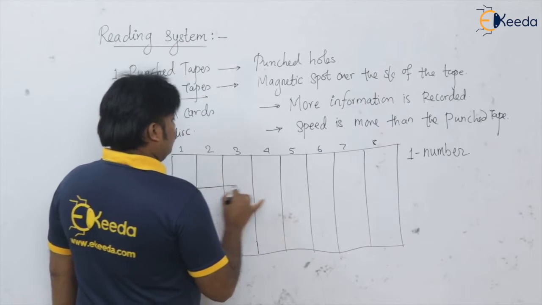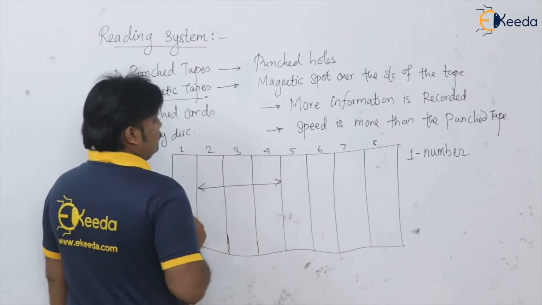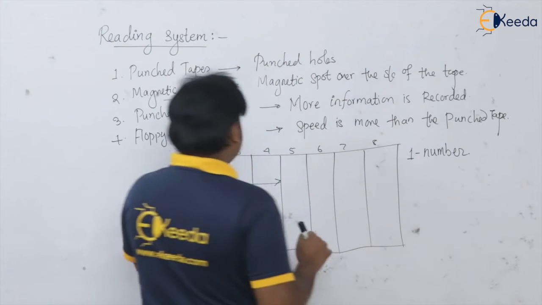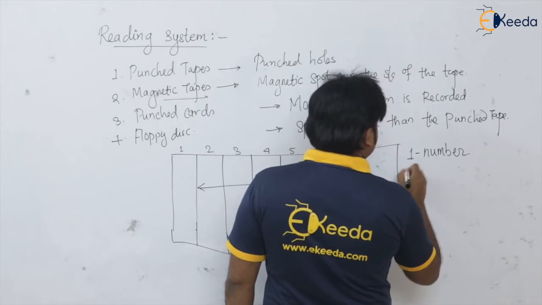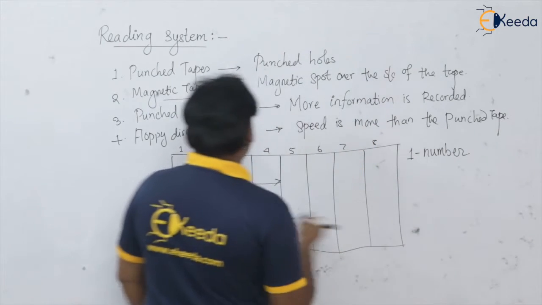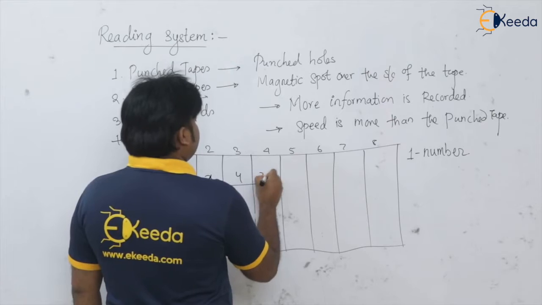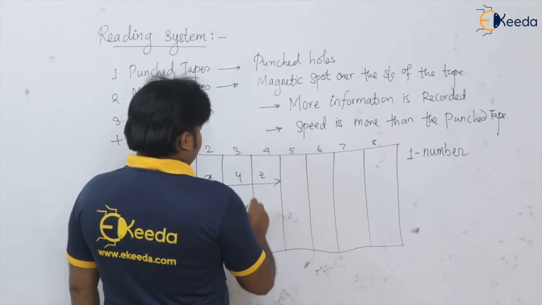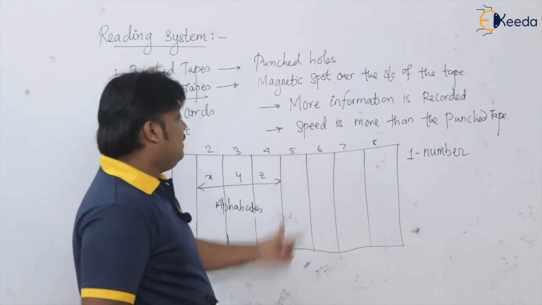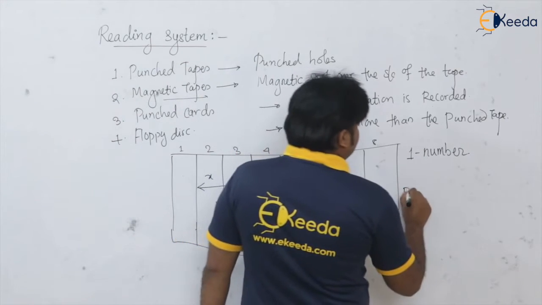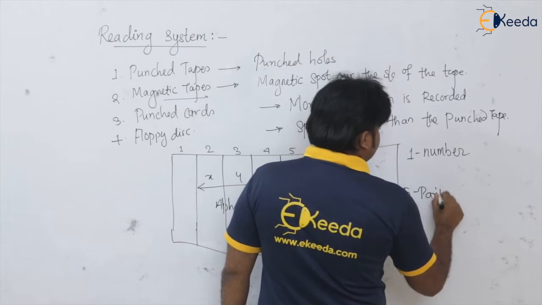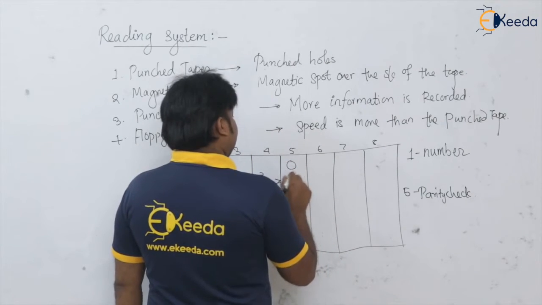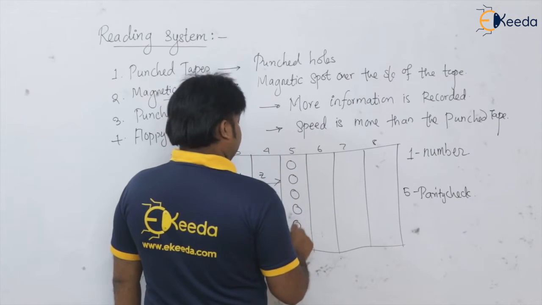Now 2 to 4 we are having the alphabets. So the next 3 tracks we use for the alphabets, for the coordinates X, Y and Z. The 5th track is for the position check, that is the parity check.